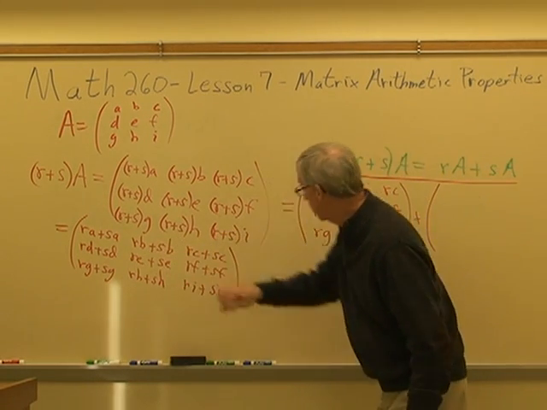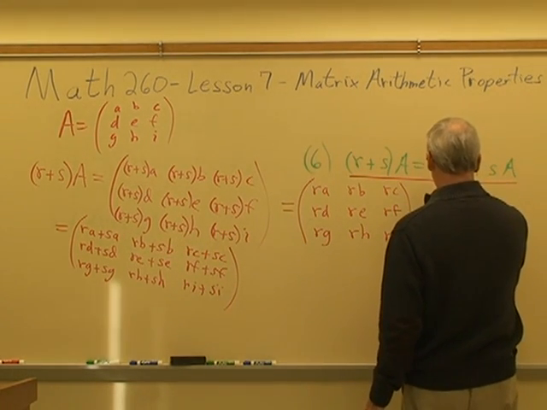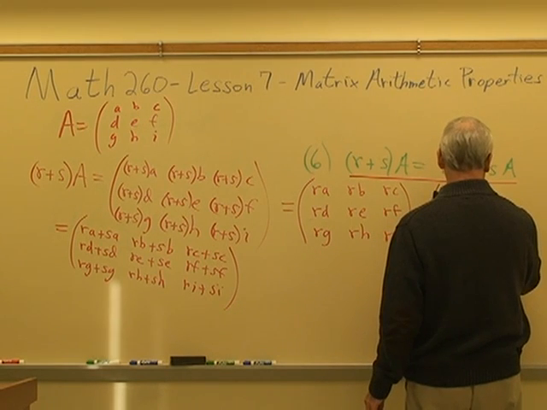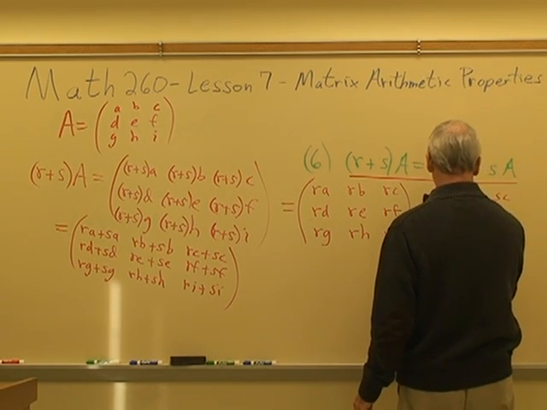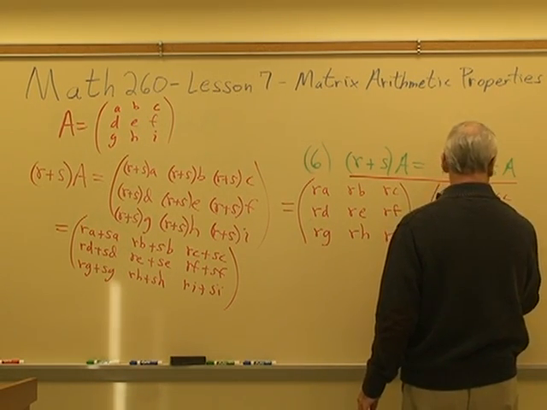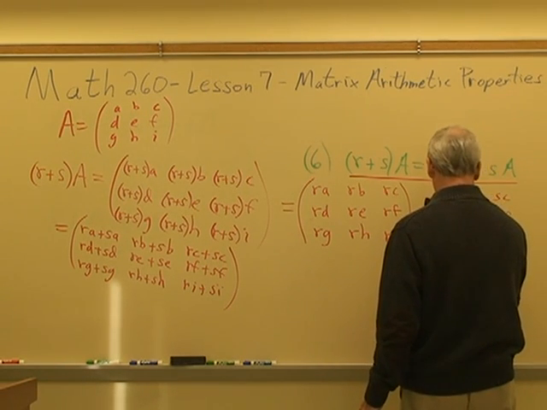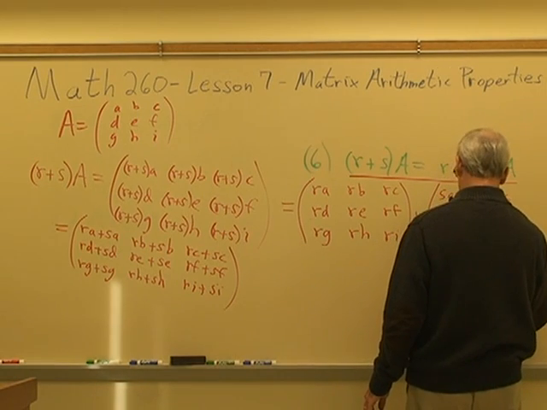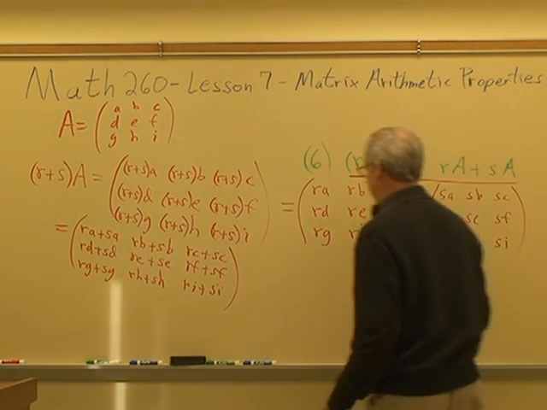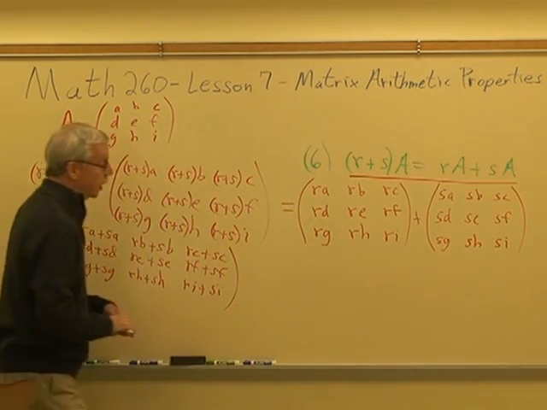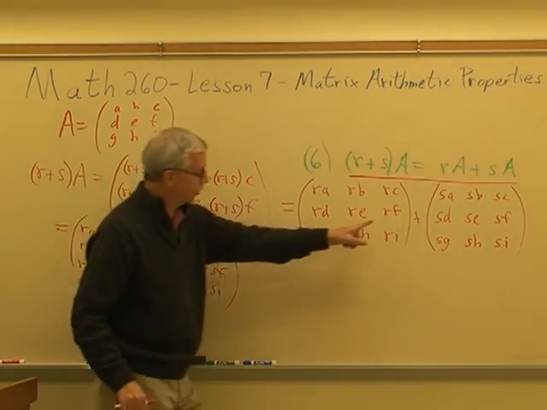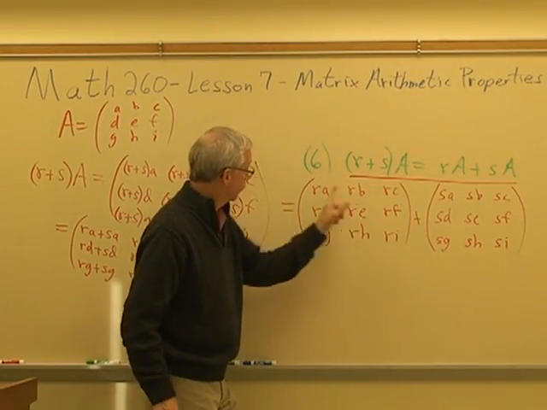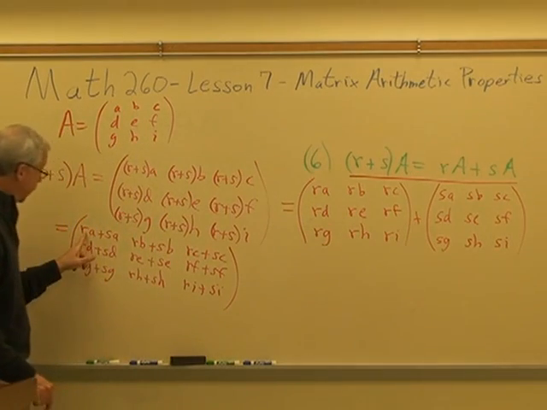This looks just like the sum of two matrices. So these two are the same because if I use the rule for matrix addition, I add like terms. ra plus sa is the first answer, etc.